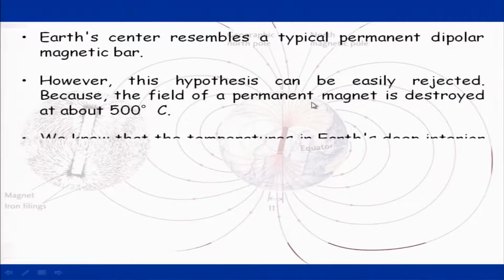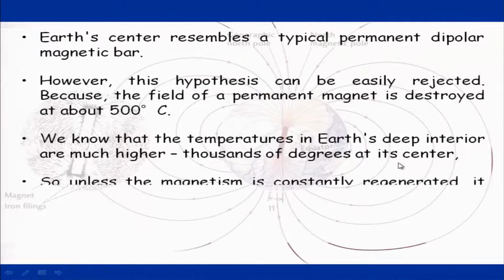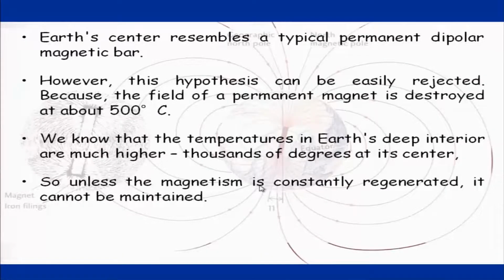Then what is happening? We know that the temperatures in the earth's deep interior are much higher, thousands of degrees at its center. So, unless the magnetism is continuously or constantly regenerated, it cannot be maintained. So, it cannot be maintained without regeneration, because at 500 degrees the permanent magnet will be destroyed.